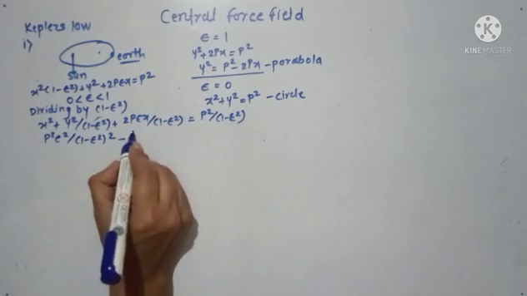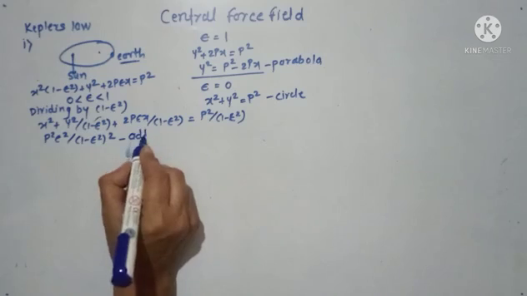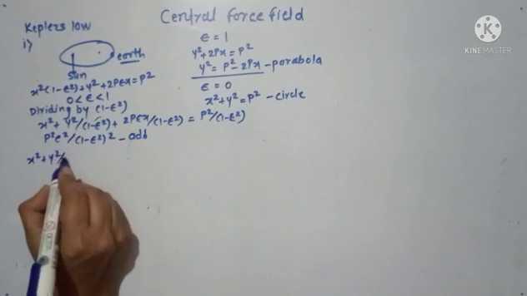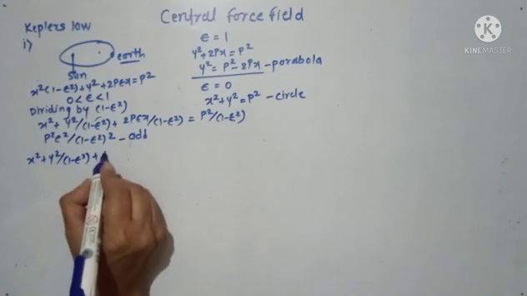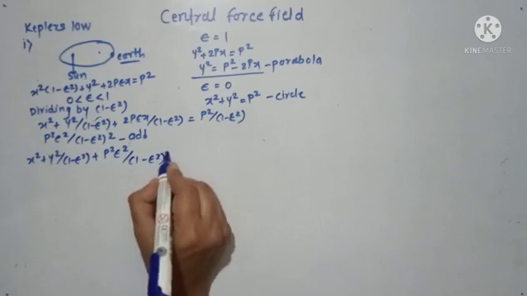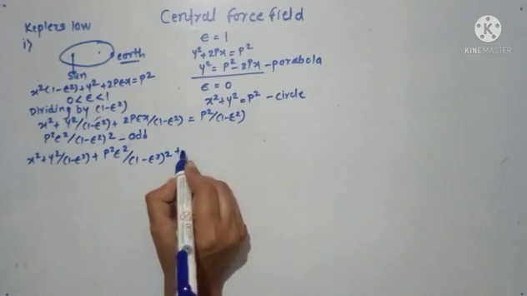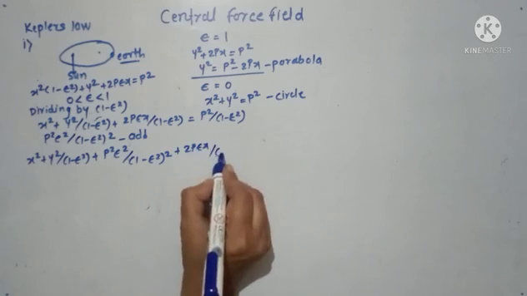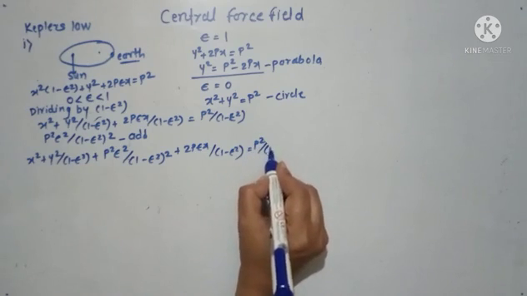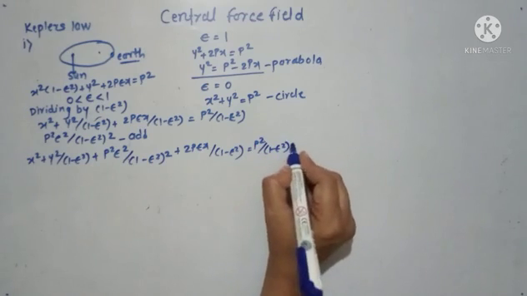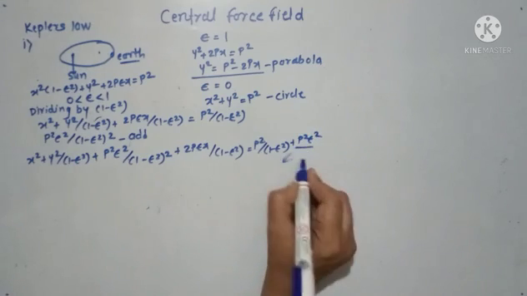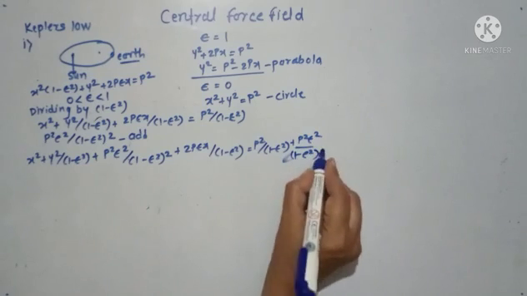So let me write it as x² + y²/(1 − ε²) + p²ε²/(1 − ε²)² + 2pεx/(1 − ε²) = p²/(1 − ε²) + p²ε²/(1 − ε²)².